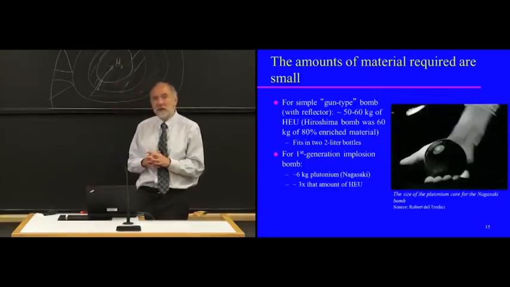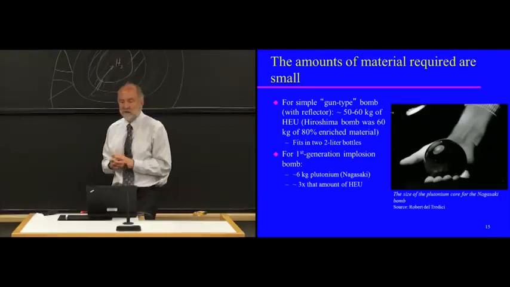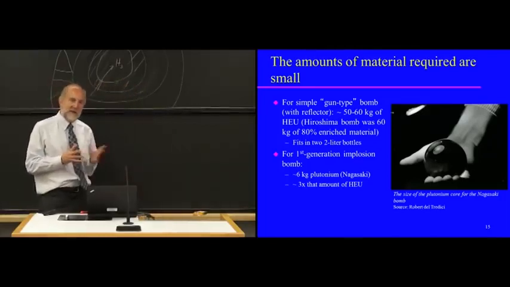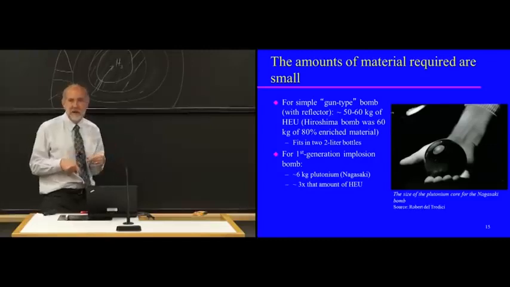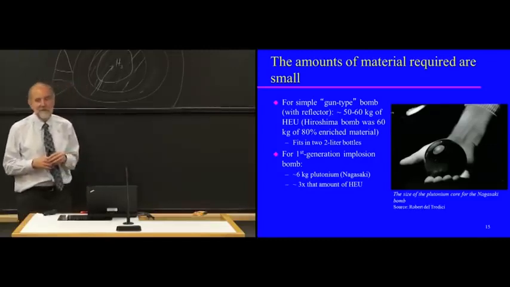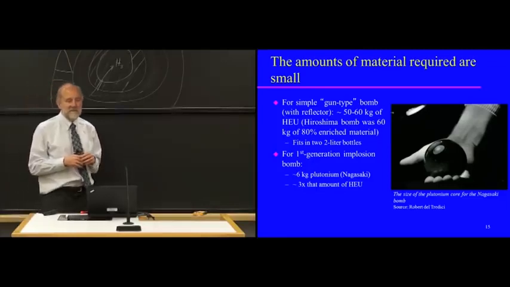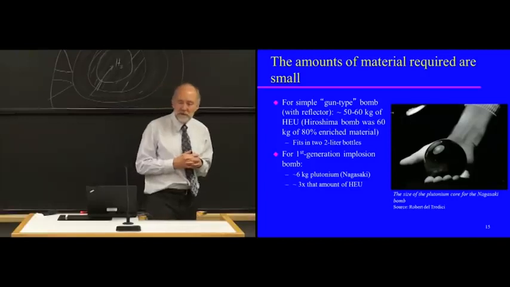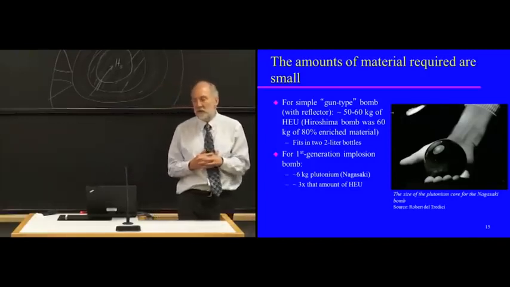Now, as I mentioned, the amounts of material required are not very big. So this hand has a glass ball, not a plutonium ball, that is the same size as the ball for the Nagasaki bomb. So that is just not a big amount of material. For the gun-type bomb, you need more, as I mentioned.